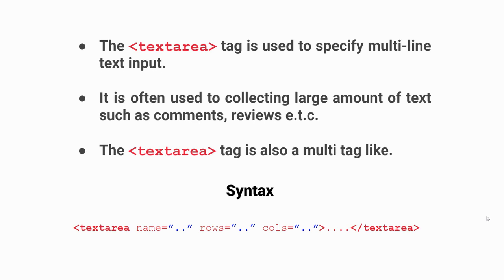The cols attribute actually means the column attribute, but in short, that's due to the coding standard, it's actually written as cols. Next, we have the attributes of the textarea tag, which we just saw: the name attribute, the rows attribute, and the cols attribute, that's the column attribute.